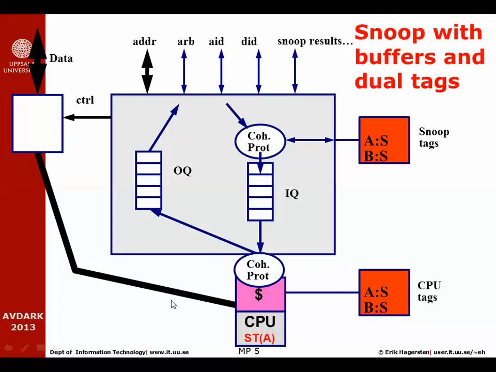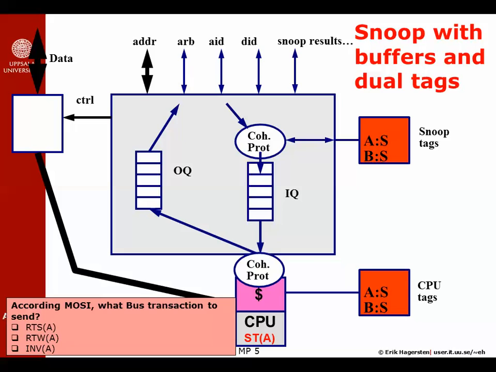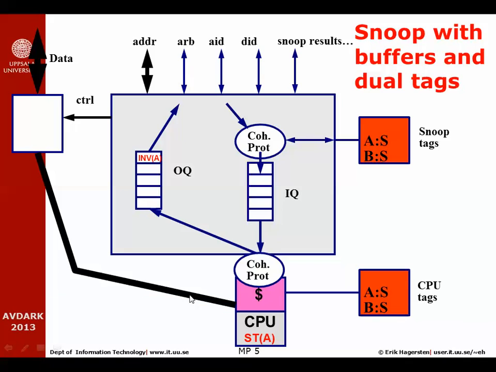So according to the MOSI protocol that we've discussed earlier, what bus transaction will be sent up here on the snoopy bus, on these wires, caused by the fact that the CPU down here wants to store to a cache line in state shared? The transaction that will be sent is an invalidation transaction.